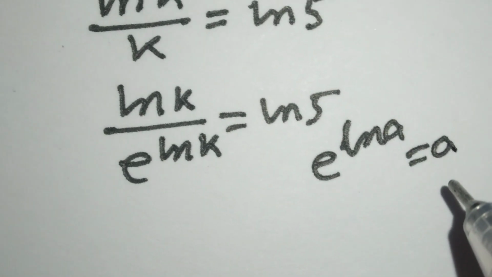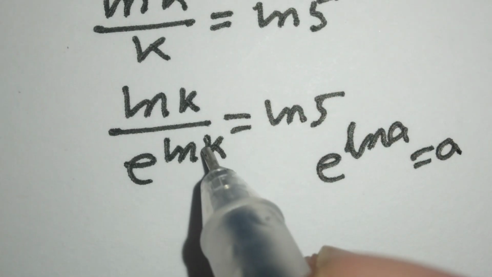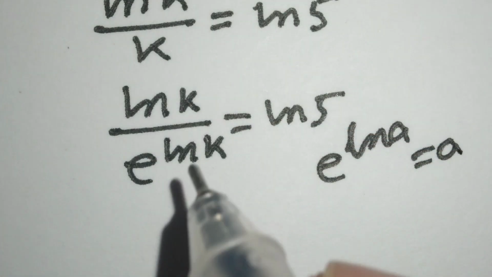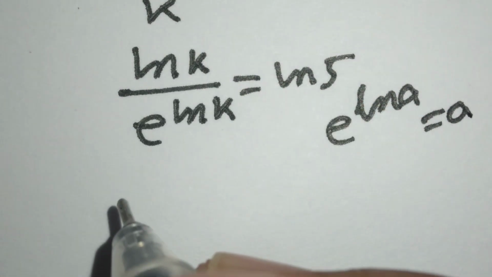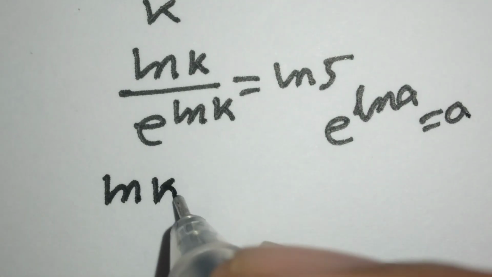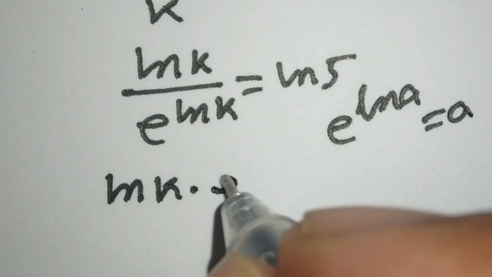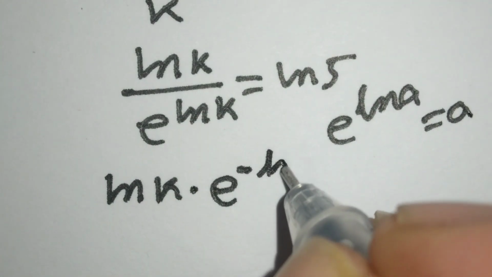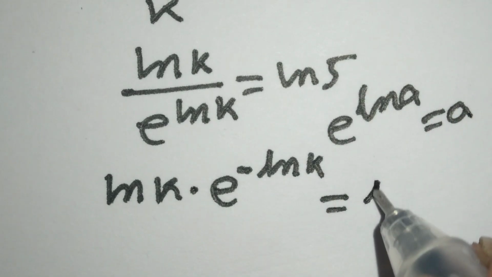According to this property, we can write this k as e to the power ln k, because e to the power ln k is equal to this k. We can write this line as ln k times 1 over e to the power ln k, which is e to the power minus ln k, is equal to ln 5.